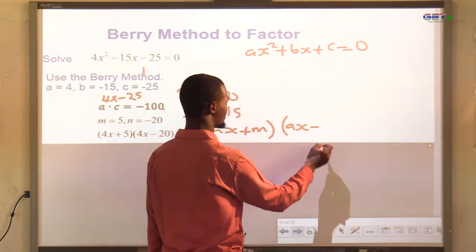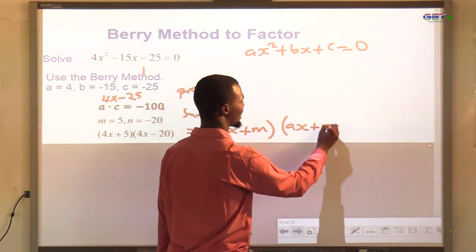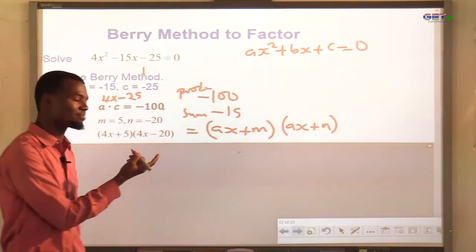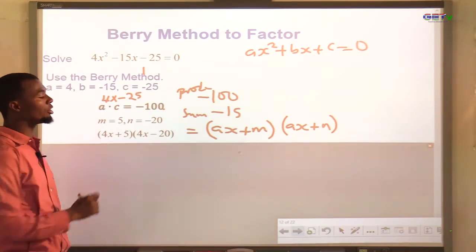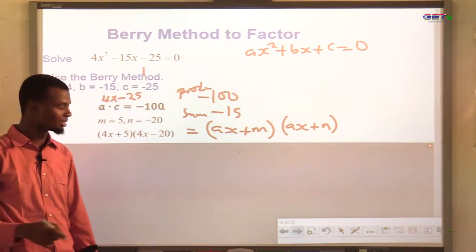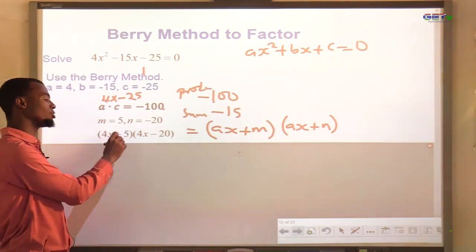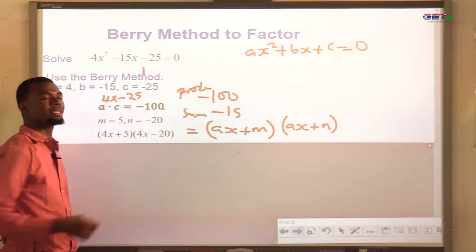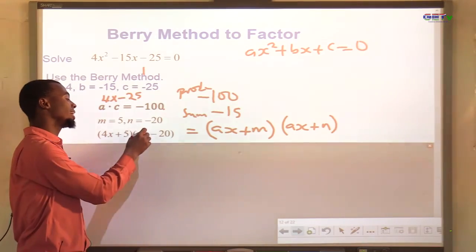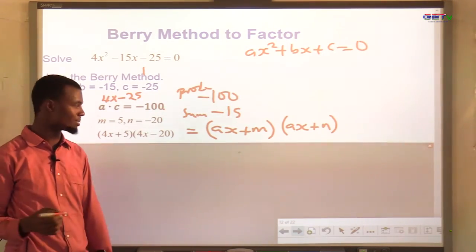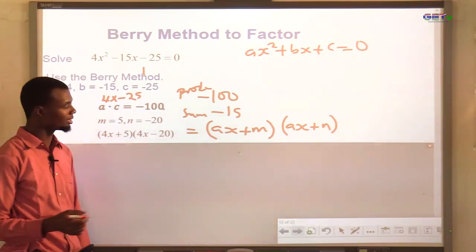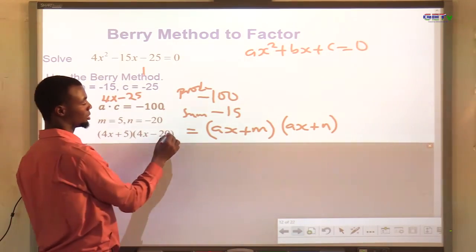This is the third step. Your a is 4 and the equation is in x, so you have 4x plus 5, since your m is 5. And your n is negative 20, so you will have 4x minus 20. So this is the equation.